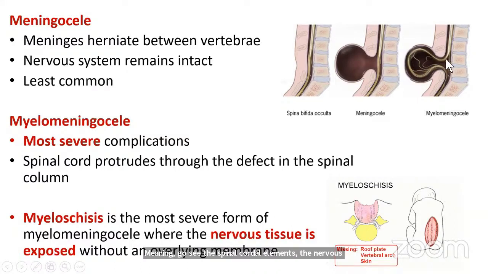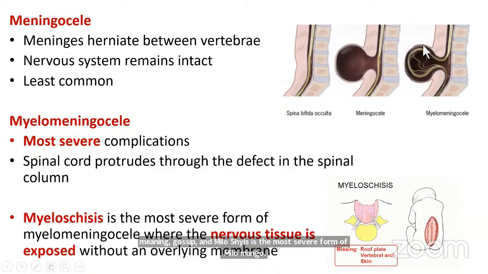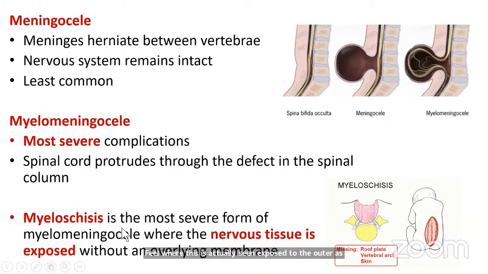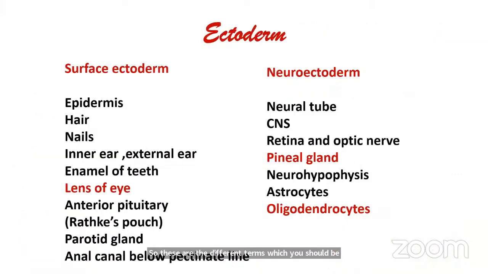This is said to be more severe. And myeloschisis is the most severe form of myelomeningocele, where this is actually seen exposed to the outer aspect. There is not even an overlying membrane. That is known as myeloschisis. So these are the different terms which you should be knowing when we discuss spina bifida.